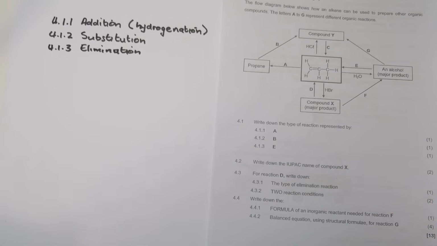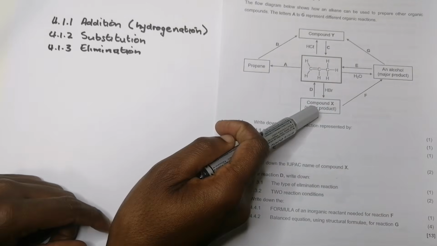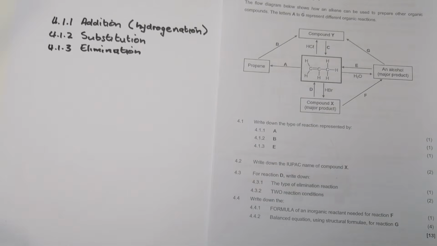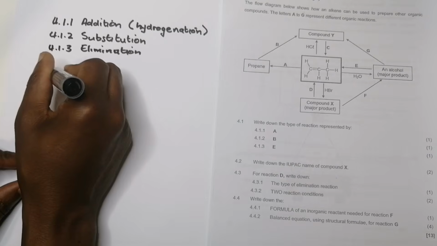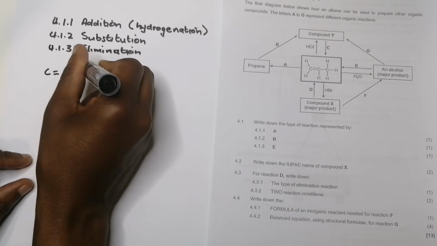Right, so they say write down the IUPAC name of compound X. So we are looking at this compound. Just as a bonus, I wanted to show you how that reaction would look.